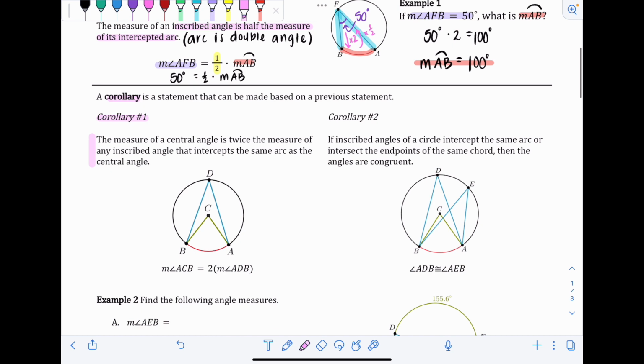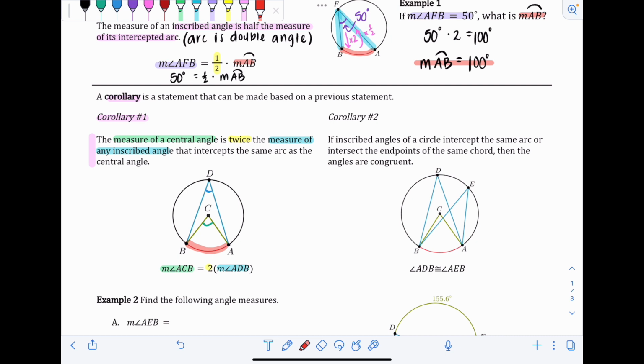The central angle is angle ACB in this case, and it is equal to twice the measure of any inscribed angle that intercepts the same arc. That would be angle ADB. Both of those angles intercept arc AB.